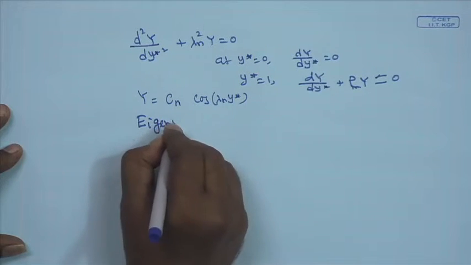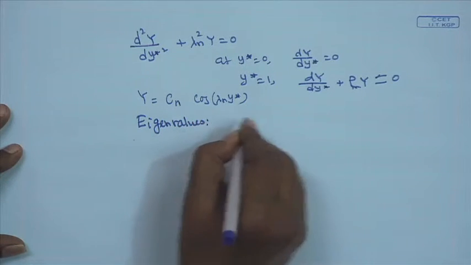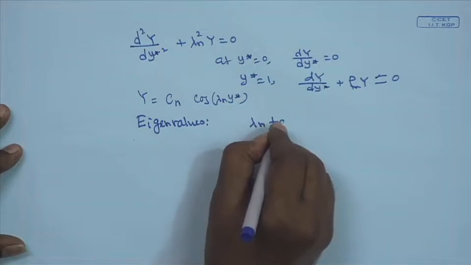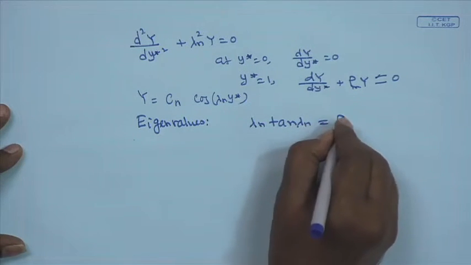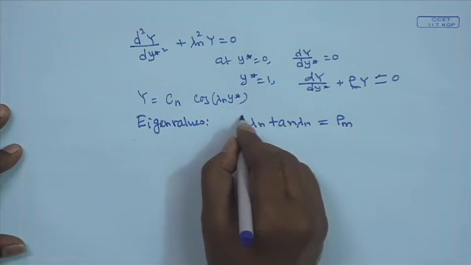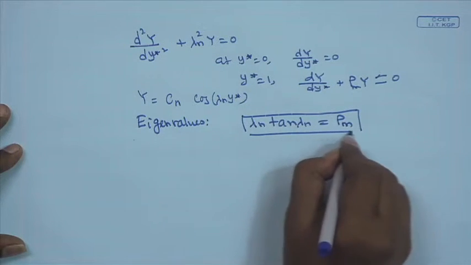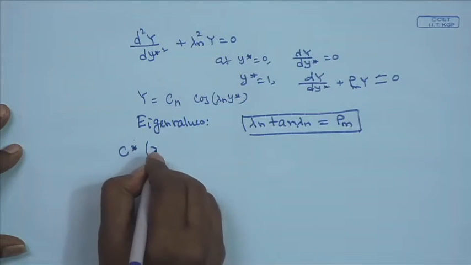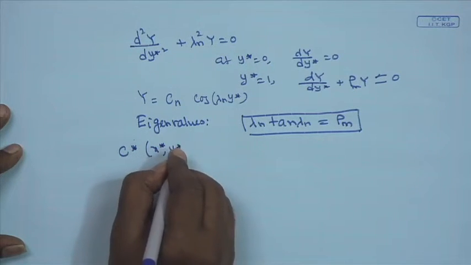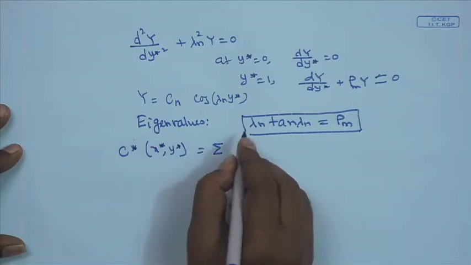roots of the transcendental equation lambda n tan lambda n is equal to Pm. So from this transcendental equation, the roots will be the eigenvalues, and one can get the final solution c star of x star, y star as the summation of all these solutions.